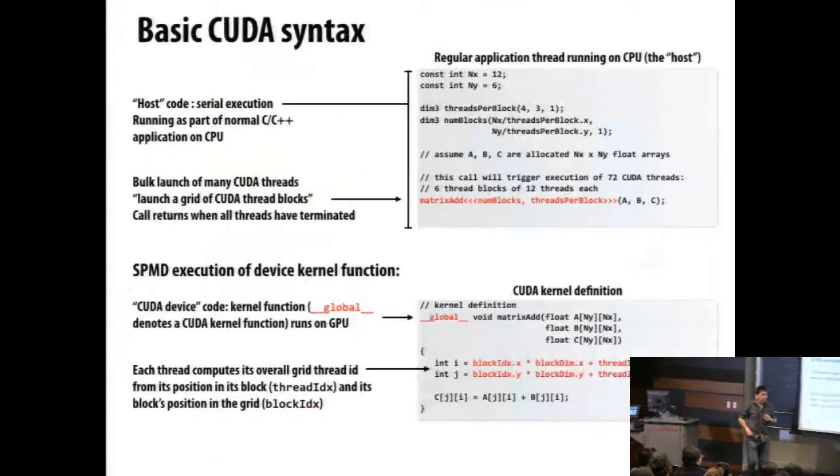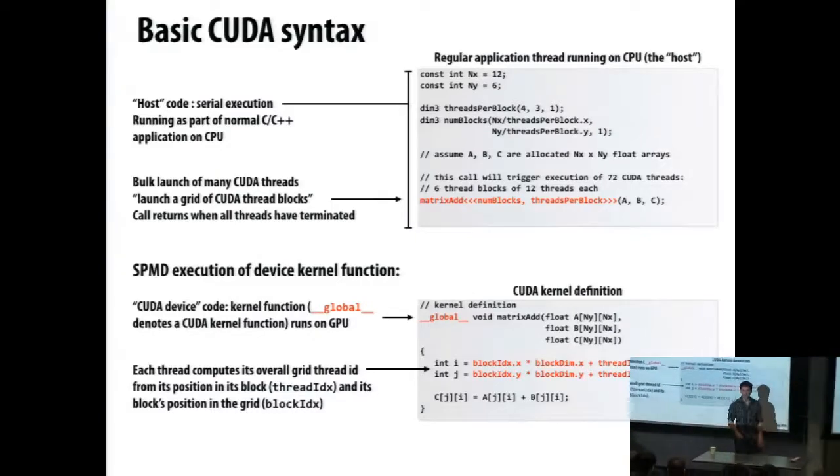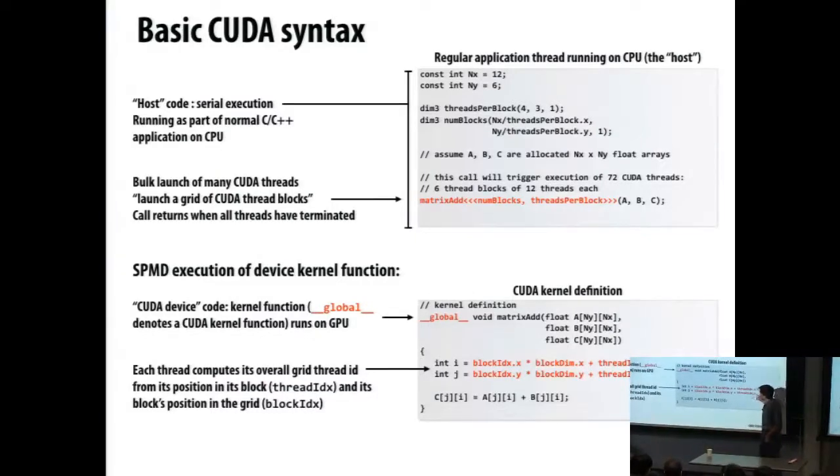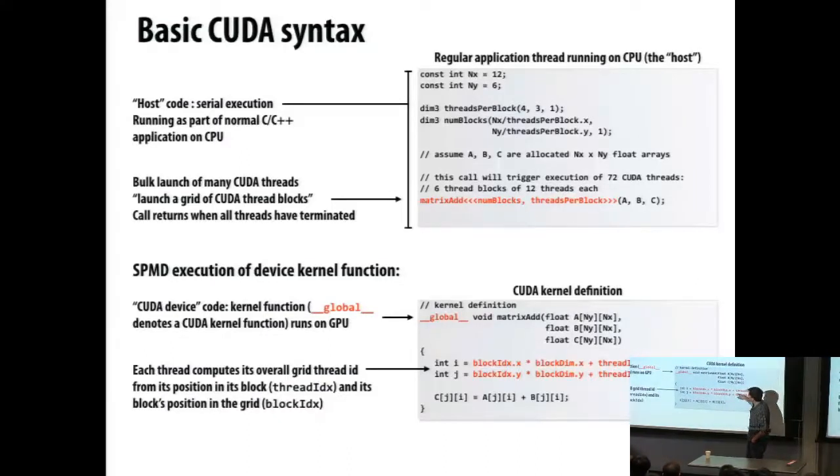Okay, so now let me show you what the kernel looks like. CUDA is designed to look just like C code. The kernel function takes as input the C-style arrays A, B, and C. It uses its thread index in the block and the index of the block in the overall launch to compute a unique thread ID, in this case I and J. Then every single CUDA thread will perform this computation. So a CUDA thread should have a mapping in your head to an ISPC program instance.